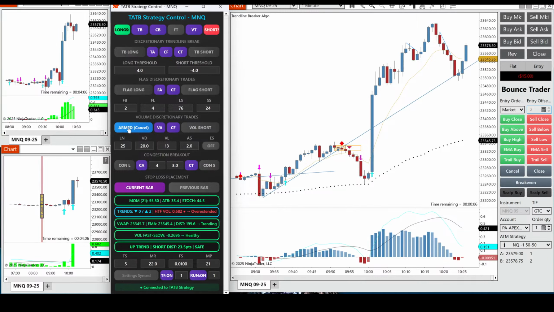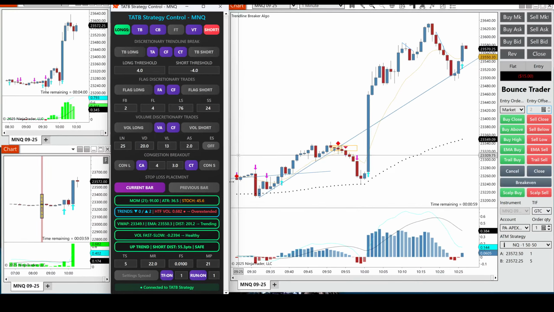Yeah, it's not taking any trades because Volume up setup. Right, it didn't take it because of the maximum risk. We are 36 and maximum is 22 points.